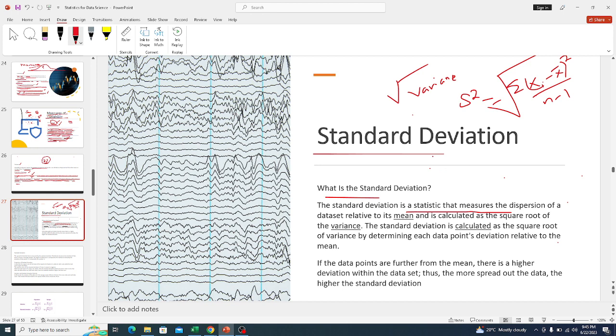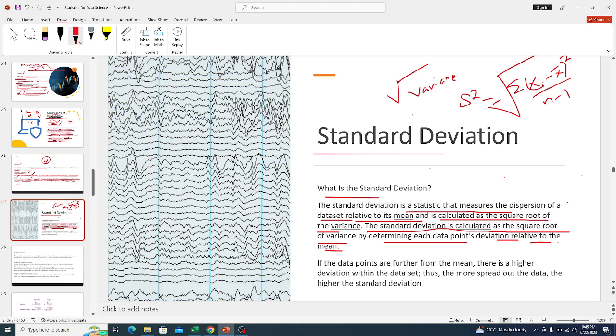Our standard deviation is a statistic that measures the dispersion of a data set relative to its mean, and it is calculated as the square root of variance, by determining each data point's deviation relative to the mean.